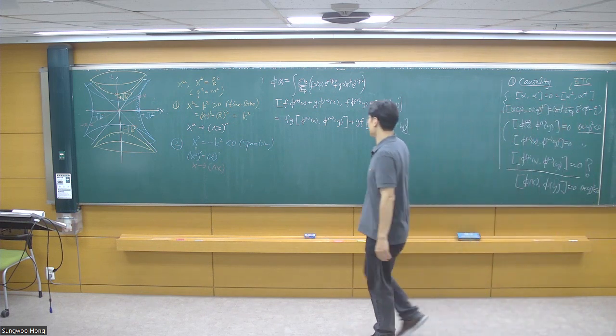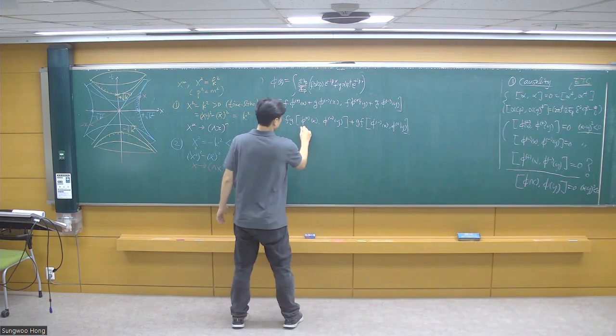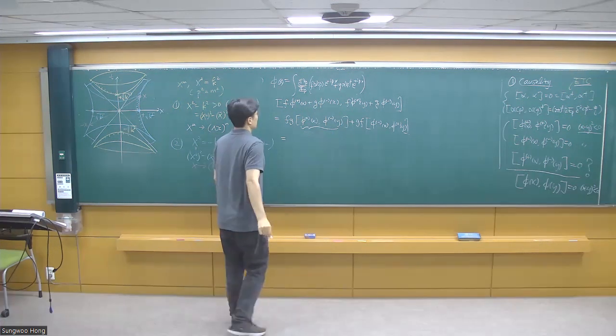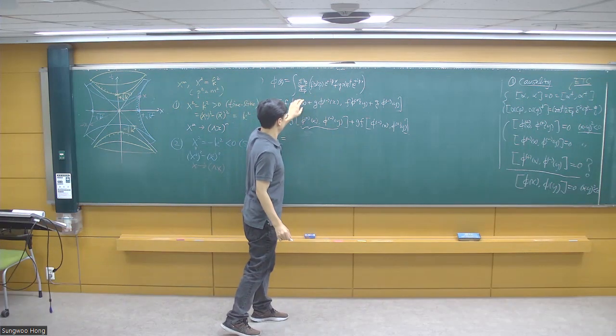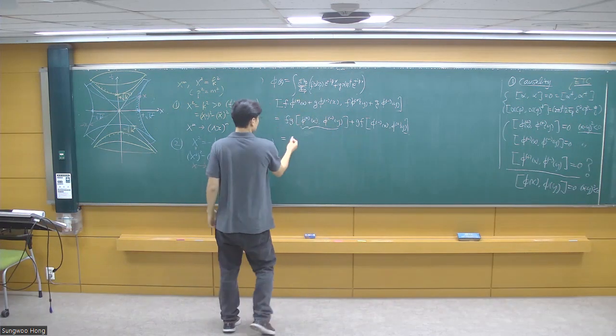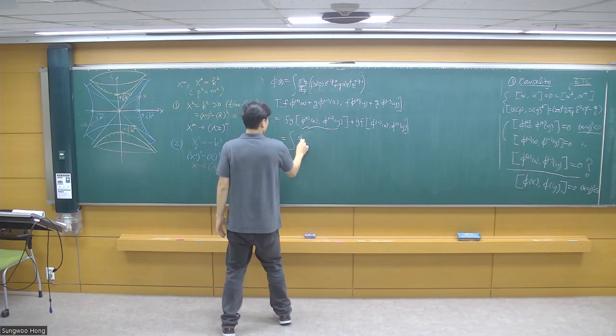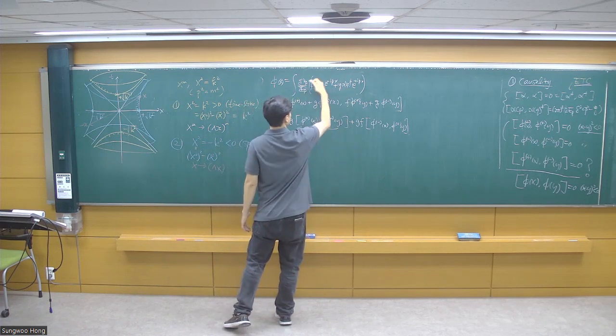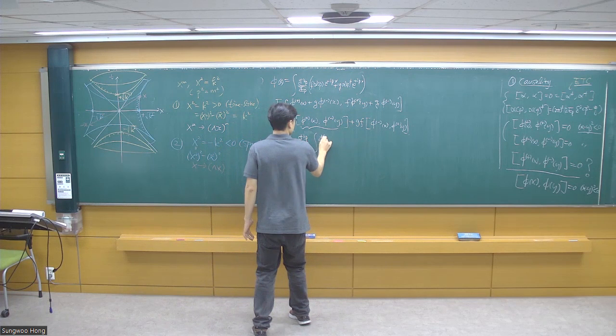Okay, let's do the exercise. So what is this? Let me just evaluate it. There's a double integral, because phi plus has its integration, and phi minus has its own integration. So let me write that as Q integration.